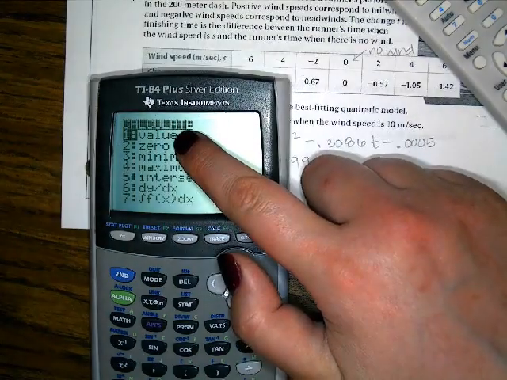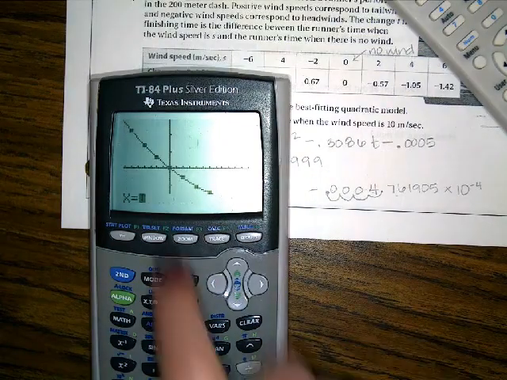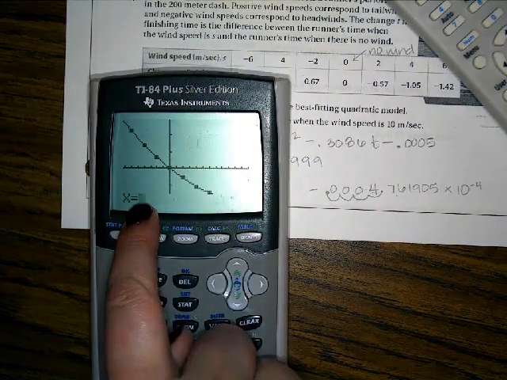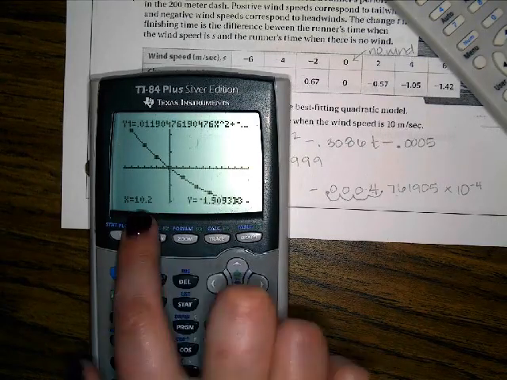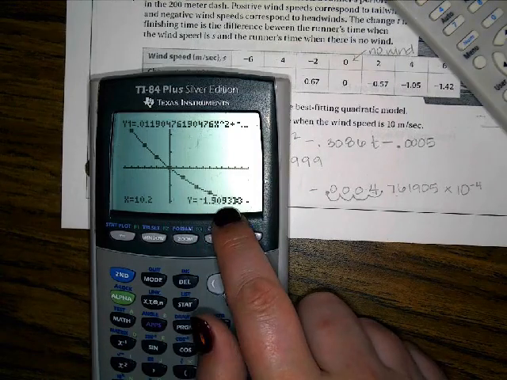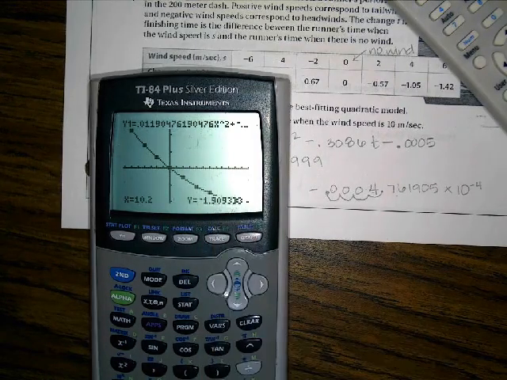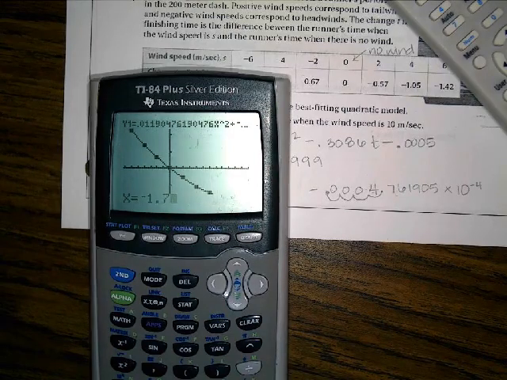I'm going to press number 1, and it says, what X value would you like me to plug in? I would like the calculator to plug in 10.2, and it just plugged in 10.2 for me. Or I can ask it to plug in 5.6, or negative 1.7, or negative square root 3.